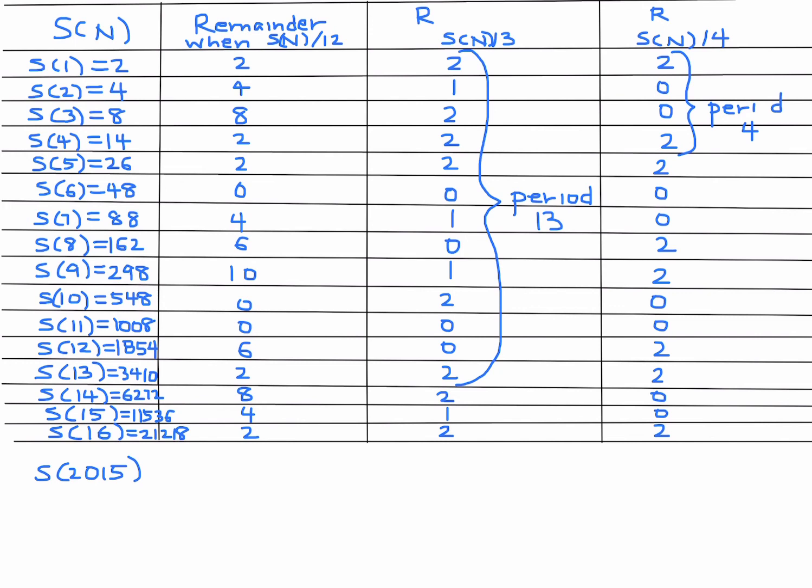Well, divide 2015 by 13, and let's see what we get. 2015 divided by 13 to try to figure out which one of these will be the remainder. Well, 2015 divides evenly. So that means every 13th will be the remainder. So S13 was right here. S2015 will also have 2 as its remainder.